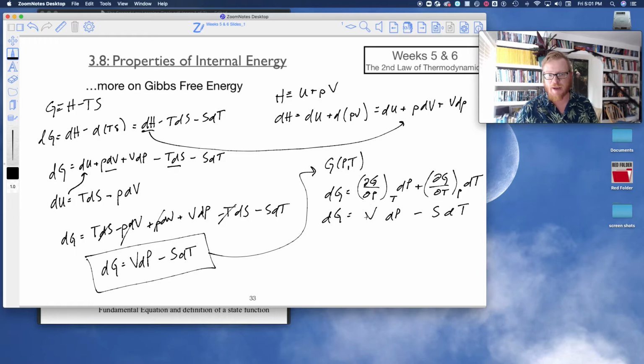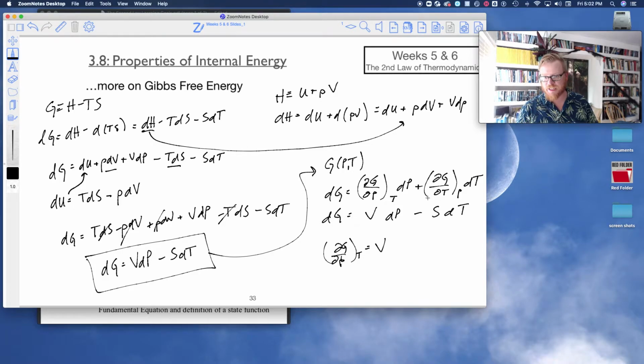So for example, you can see here from this that by definition, volume, something as fundamental as volume, is actually the derivative of Gibbs with respect to pressure at constant temperature. That's really cool. That is actually what volume is in a broader sense, right? In a bigger picture sense, okay?